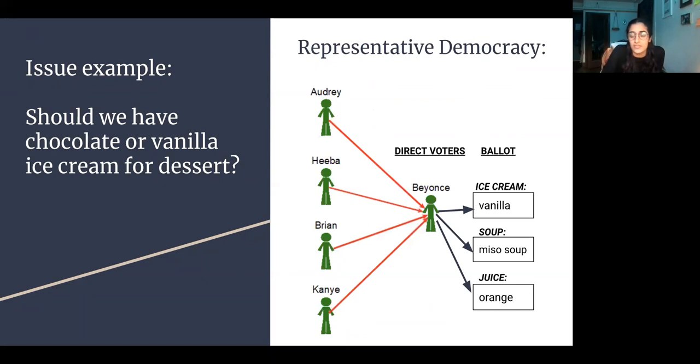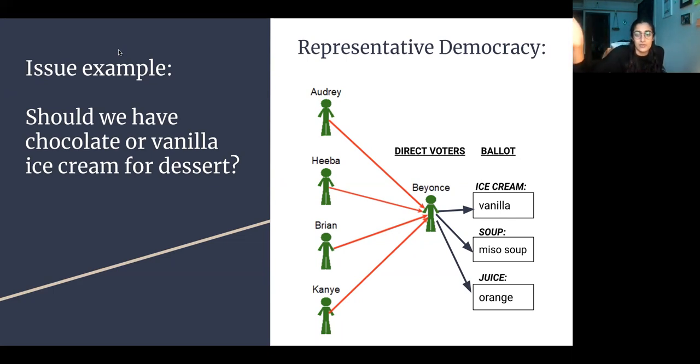In this example, we're looking at representative democracy, which is basically where one representative is chosen to vote on behalf of a population. So for example, in this figure we have here, Beyonce is voting on behalf of 4 people. And in this case, Beyonce is voting on multiple different issues.